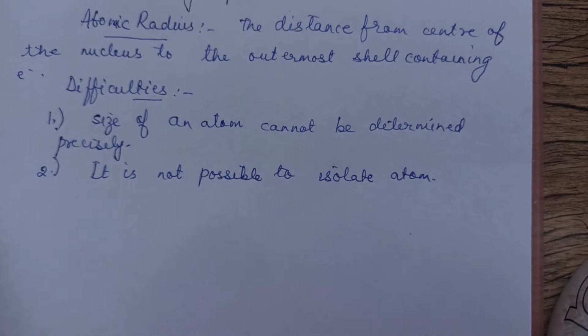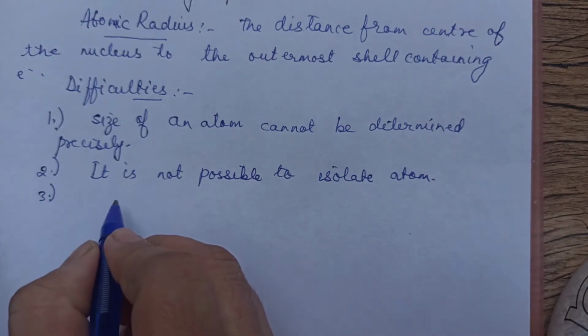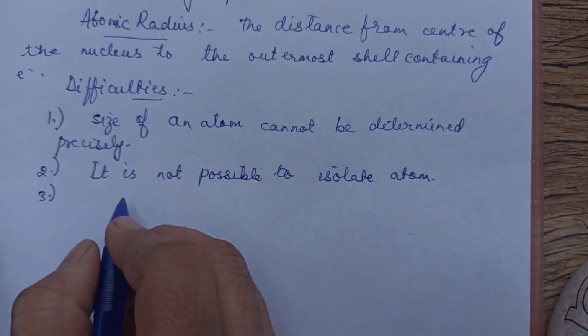It always exists in the combined state, so it's not easy to isolate one atom. Of course, noble gases exist in the atomic state; their atomicity is 1. But what about the others? They will always exist in the molecular state. So it's not possible to isolate an atom. That is a major difficulty in finding the atomic radius.